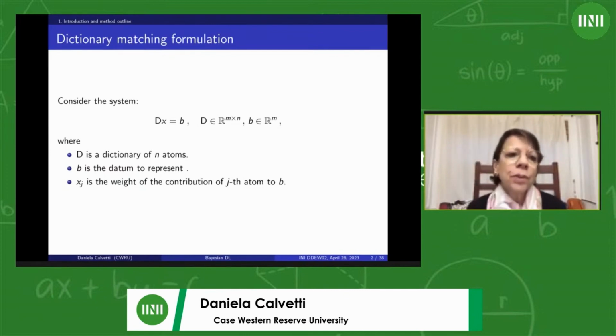So I want to look at how we can reduce the complexity of the problem, if possible, discover and exploit inner structure in the problem itself, and at the same time express desires about or characteristics that we believe are true of both the datum and the way in which we want to represent it.